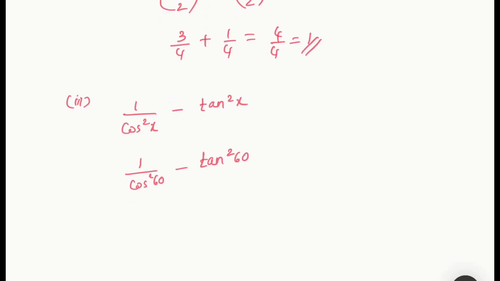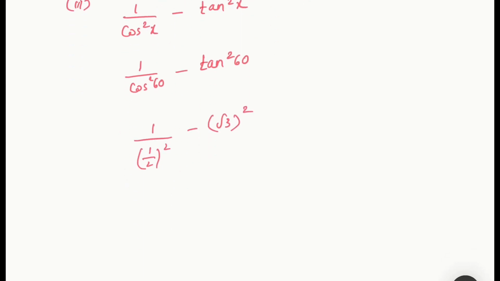What is the value of cos square 60? 1 by cos square 60 is 1 by 1 by 2 whole square, minus tan square 60. Tan 60 is root 3, the whole square. So you'll get 4 minus 3 equals to 1. So you get the answer as 1 here. Okay. Hope it's clear to you all.